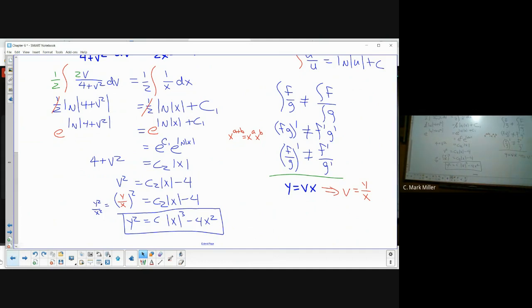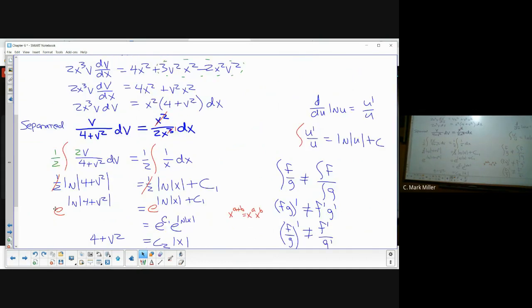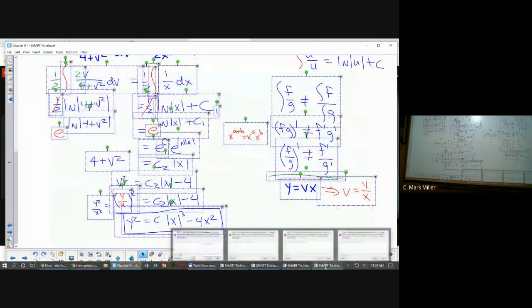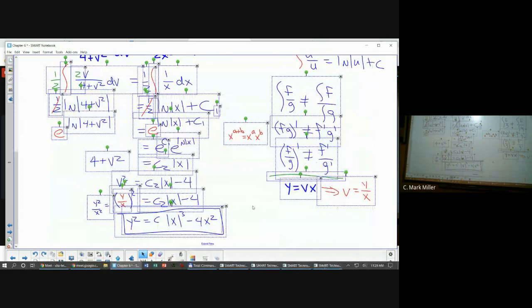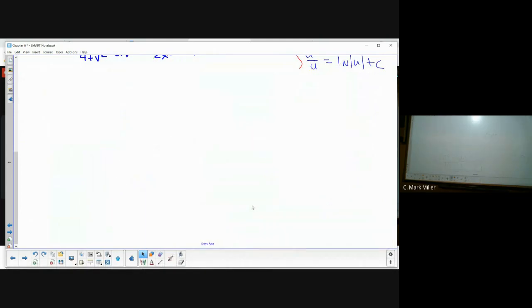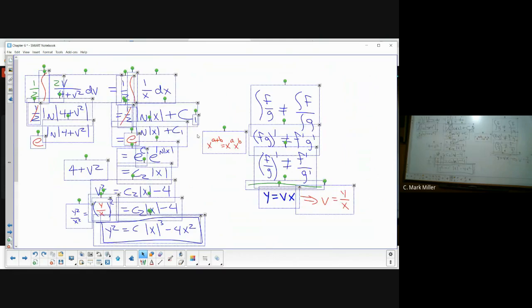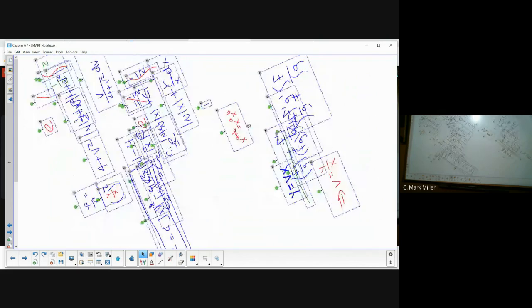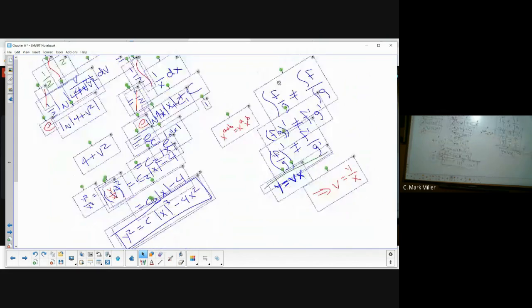All right, let me put this on a separate page. Sheet here. Okay. Oh, head trip Monday. Whoa.